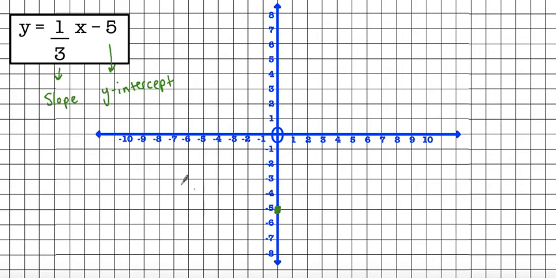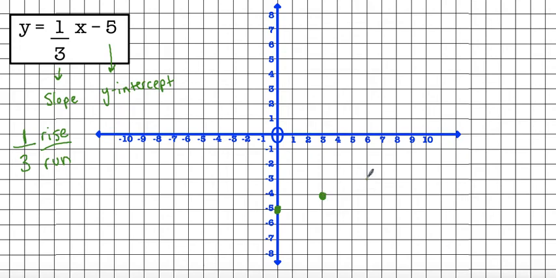And our slope is 1 over 3. Remember, 1 is our rise, and 3 is our run. So from this coordinate, I'm going to go up 1 because our numerator is 1 and that's our rise. Then I'm going to go to the right 3 because both 1 and 3 are positive. The positive 1 tells us that we go up, and the positive 3 tells us we go to the right 3.